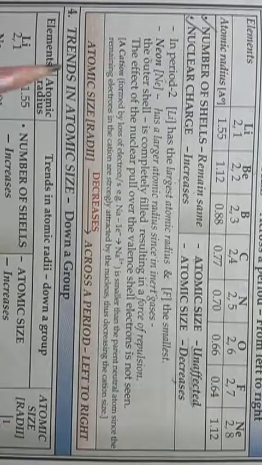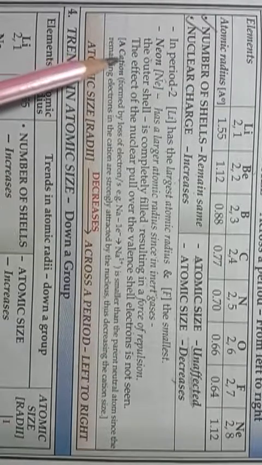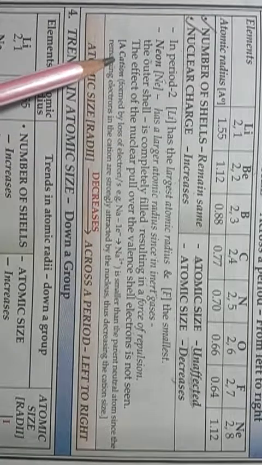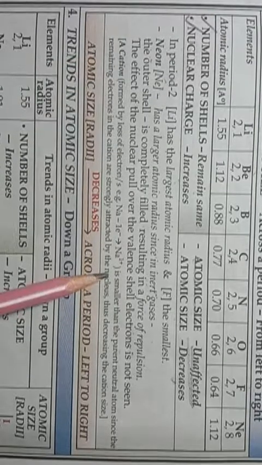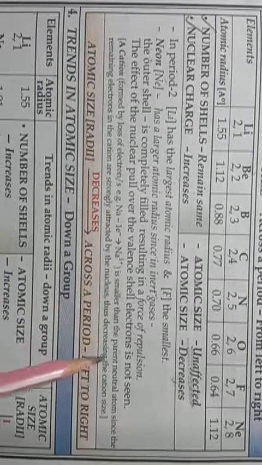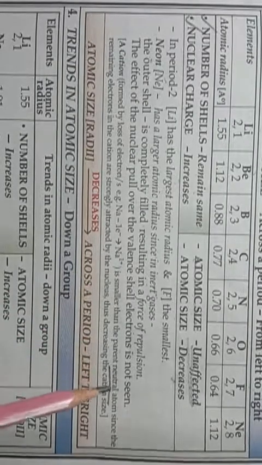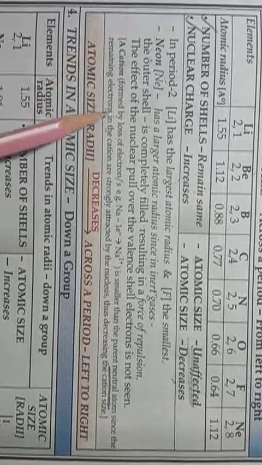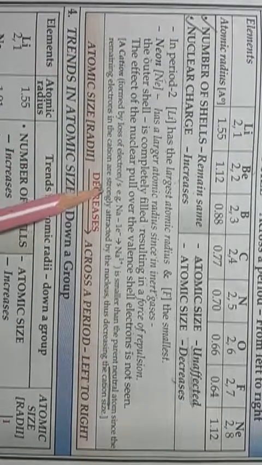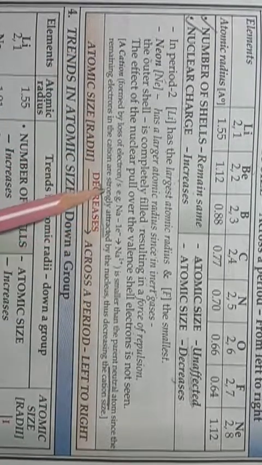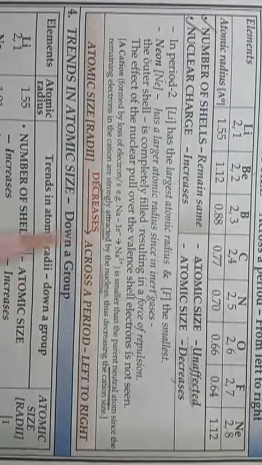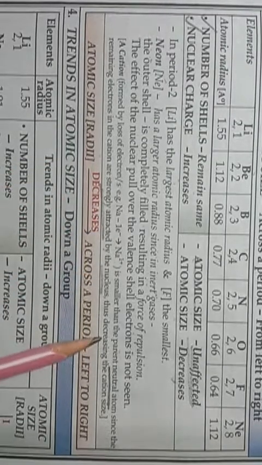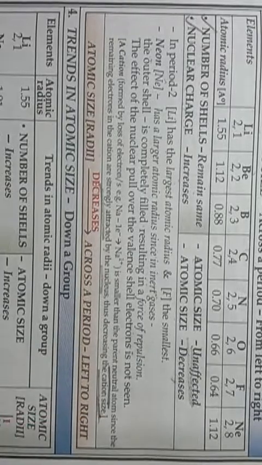Okay children, here is a very important point. A cation is always smaller than the parent neutral atom, since the remaining electrons in the cation are strongly attracted by the nucleus, decreasing the cation size.